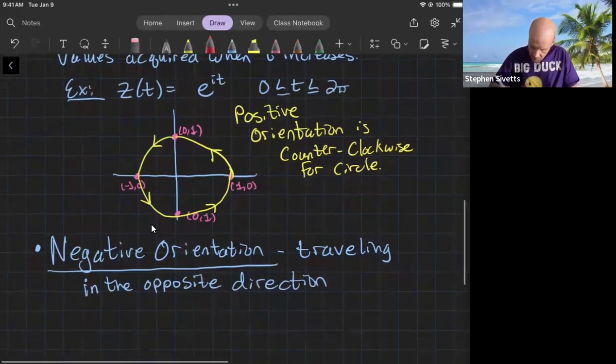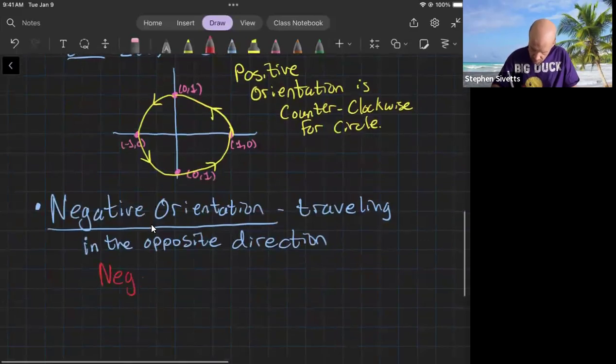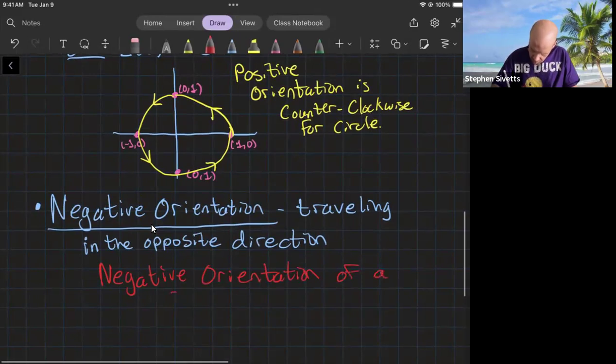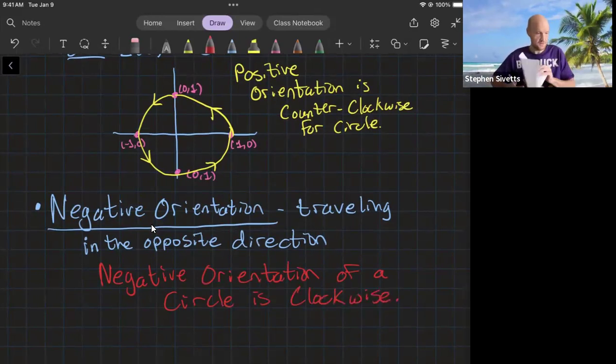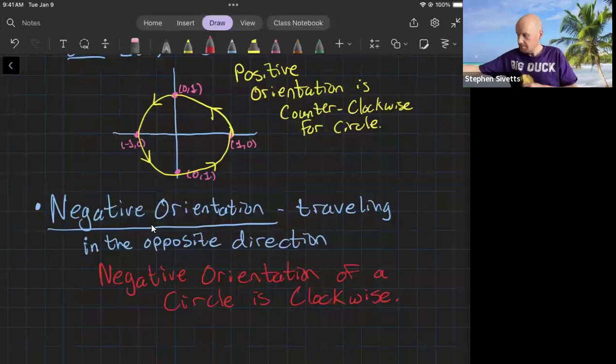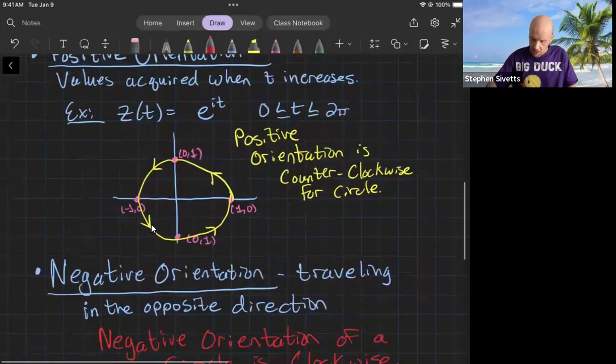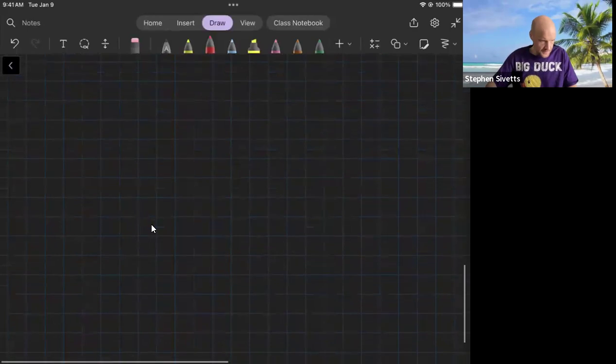So in the case for a circle, for example, it is clockwise. Okay, so it's clockwise rotation. So that's a little bit of review on contours.